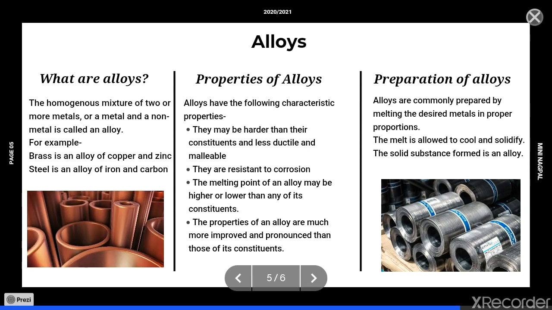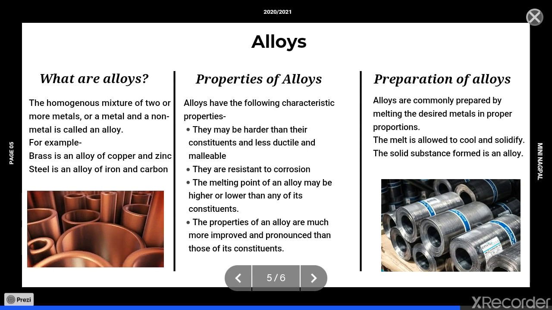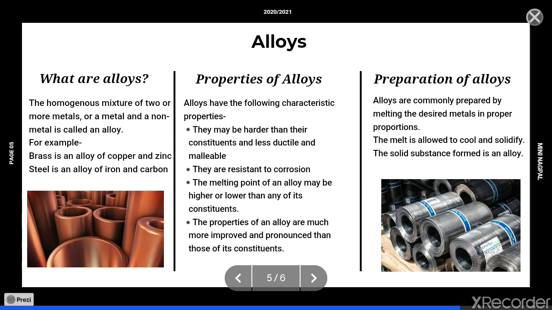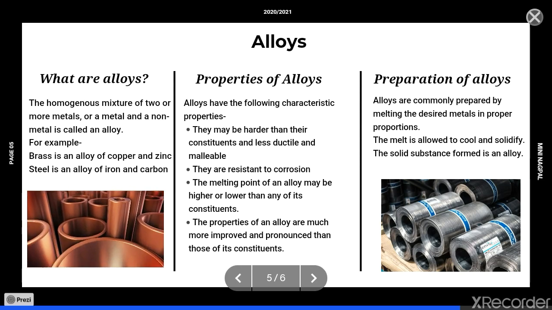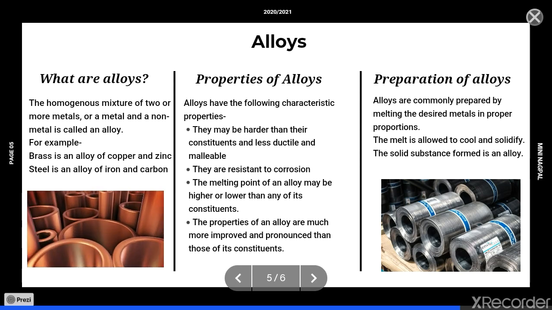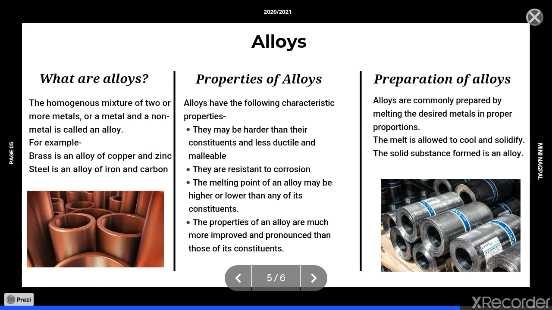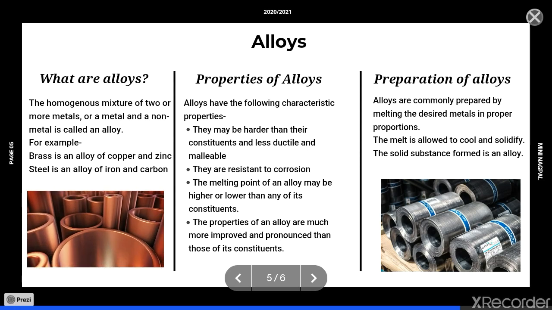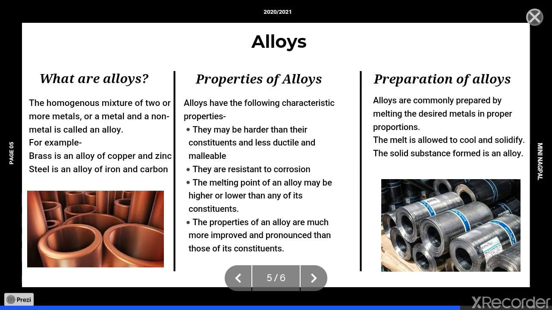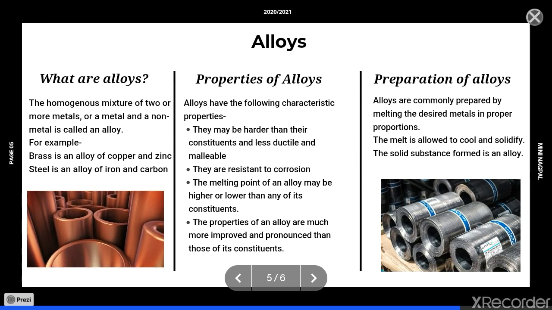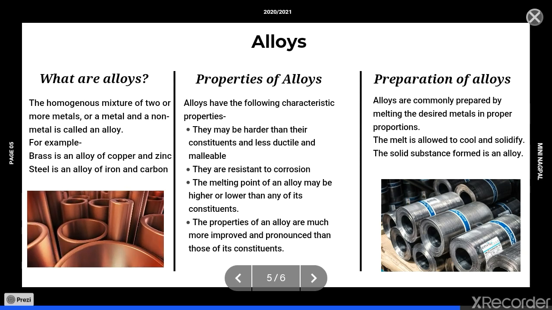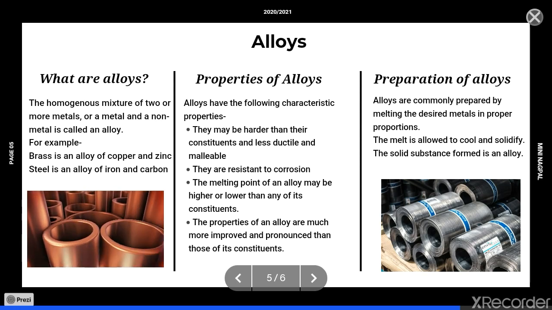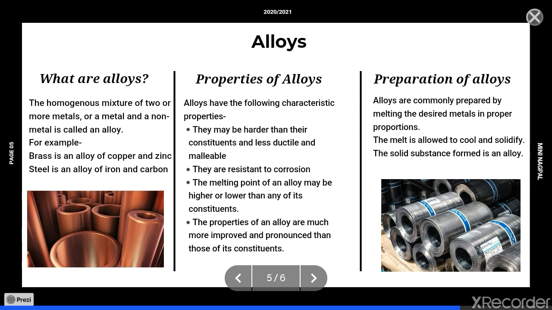Then again, we come to pure iron. Pure iron is very soft and stretches easily when hot. So we mix it with a small amount of carbon to make steel. This improves the property of iron. It becomes hard and now it can be used to make a variety of things. So why are we making alloys? To improve the properties. We make solder, which is an alloy of lead and tin.